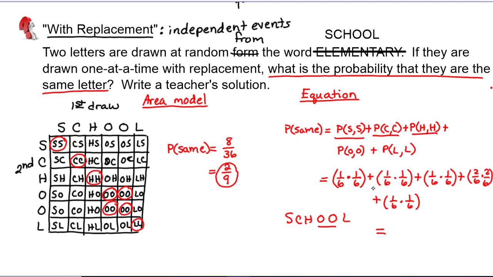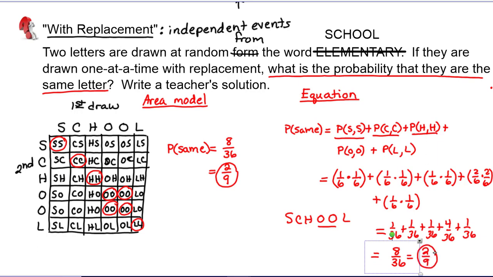All right, we add all those together, and that's 1/36 plus 1/36 plus 1/36 plus 4/36 plus 1/36. 1 plus 1 plus 1 plus 4 plus 1, so that's 3, 7, 8. There's our 8/36. And that reduces down to 2/9.